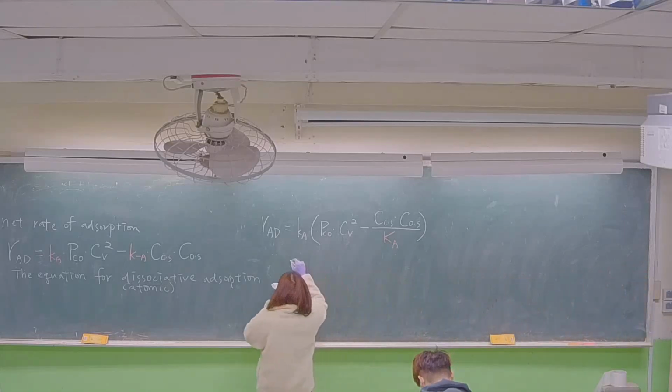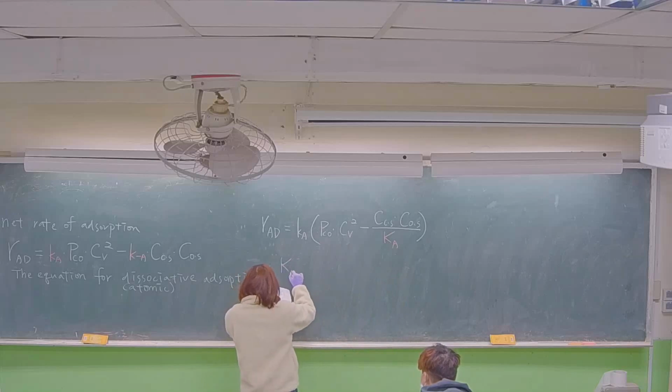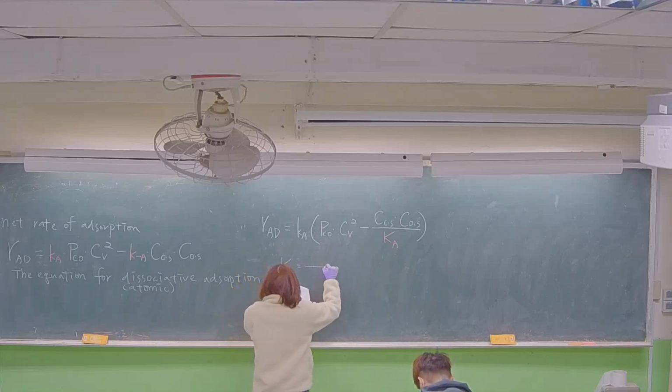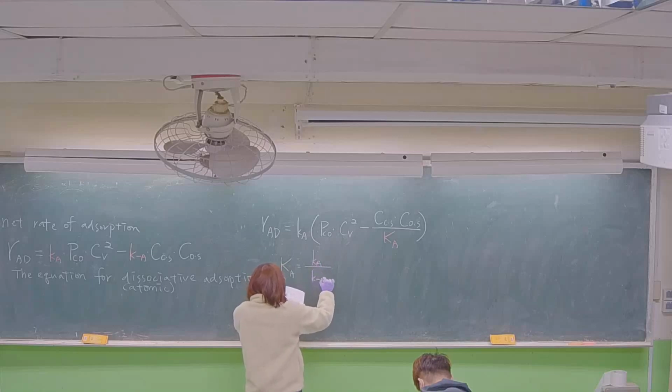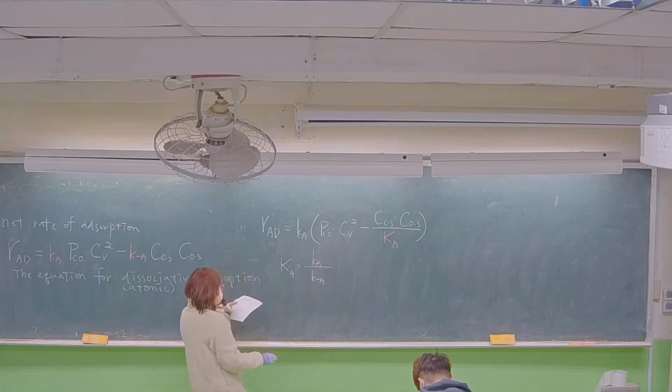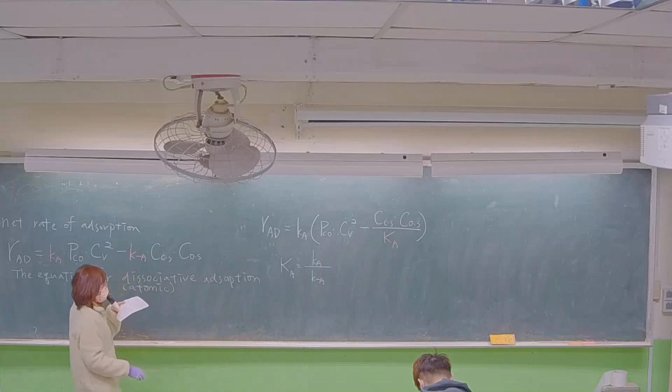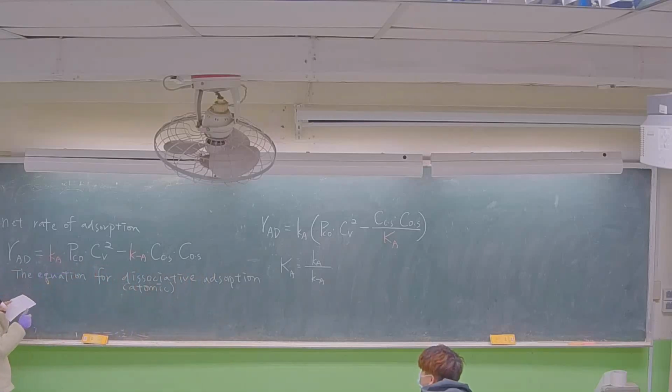Okay, and you can remind yourself again, Ka, equilibrium constant, Ka equals the forward rate constant over the reverse rate constant. Okay, so we can rearrange this one into that one.